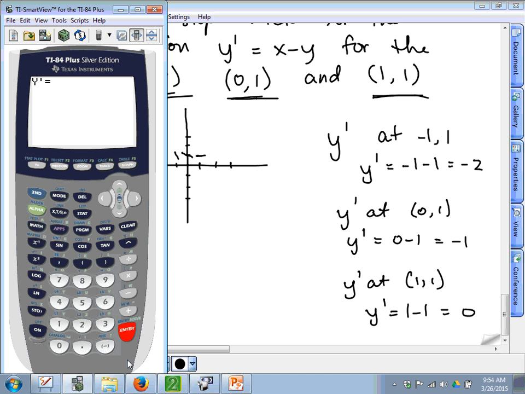Check it out. Y prime equals x minus y. Now I'm going to choose my x max. X min is negative 3. X max is positive 3. The x scale.